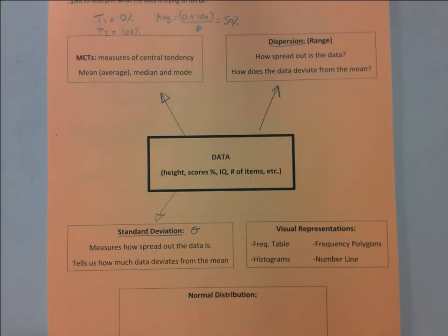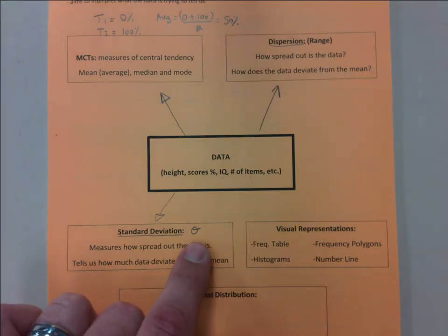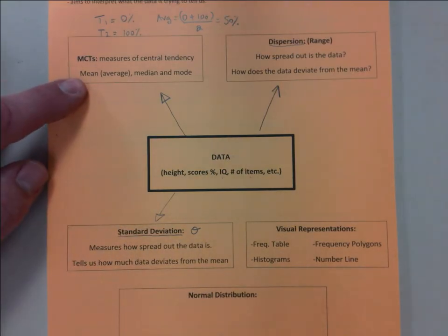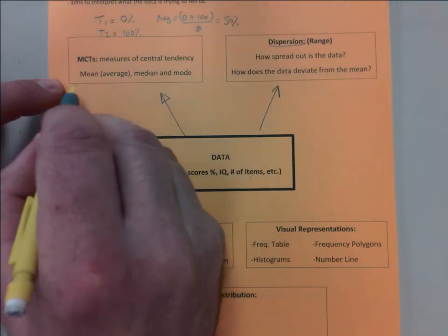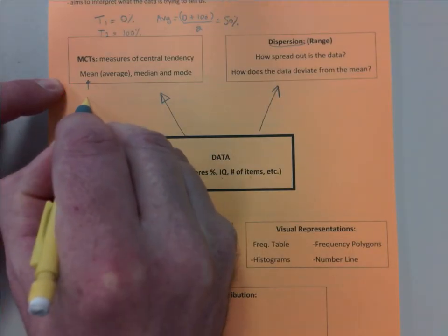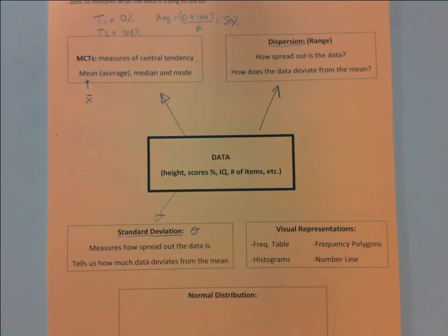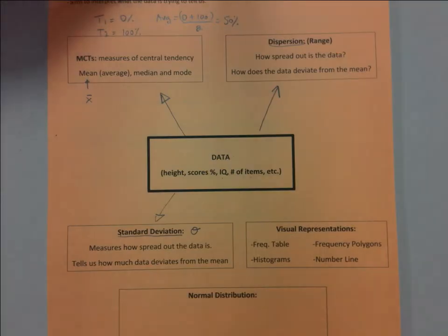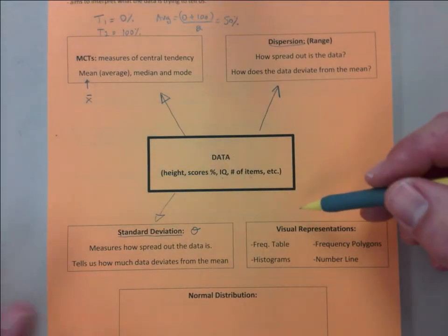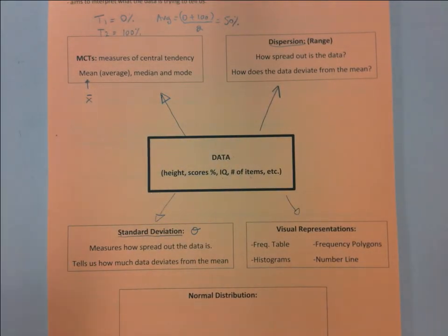The symbol for mean is an X with a bar on top, okay? That's the symbol for mean. So if you see X bar, you're like, oh, finding average, okay?